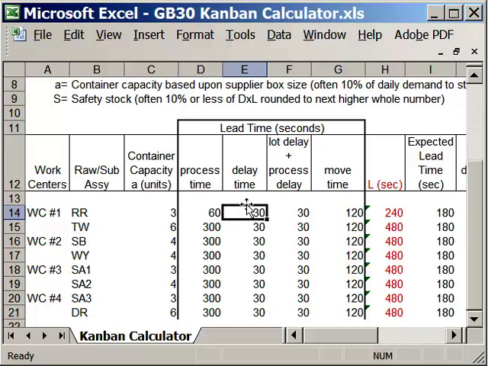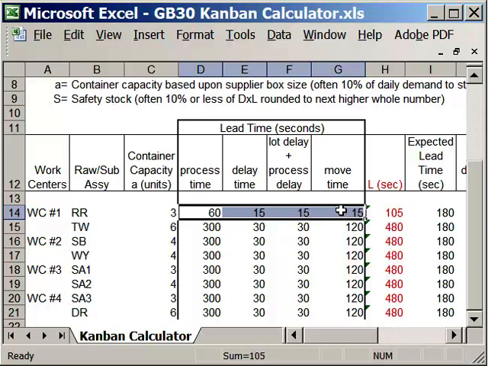The delay time was reduced to 15 seconds, the lot delay and process delay down to 15 seconds, and the moving time was reduced to 15 seconds as well. Because after we put the Kanban pull system in place and rearranged the operations, they were much closer together.